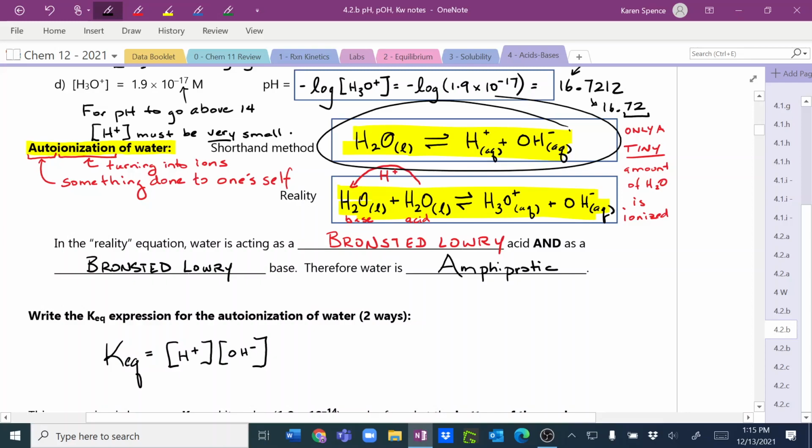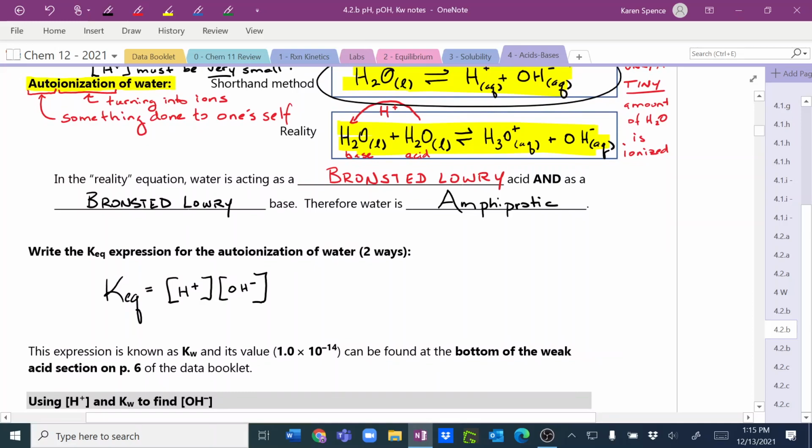Now, what's going to go in the numerator? Nothing, because water is a liquid. Okay, so that's it. And we could also write it another way. And in fact, before we do, this is actually known as, it's got its own special little letter, KW.